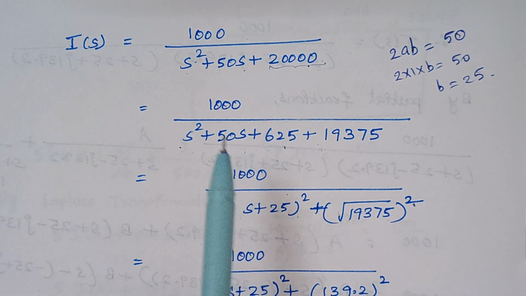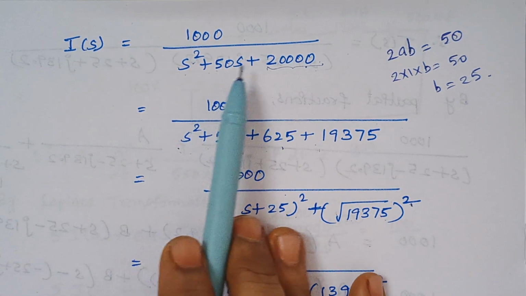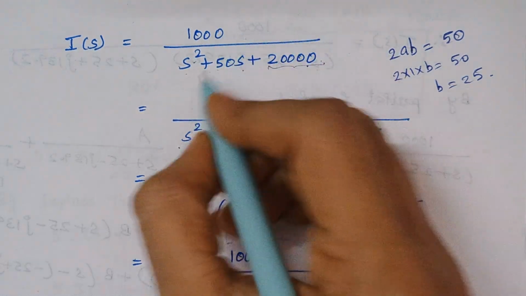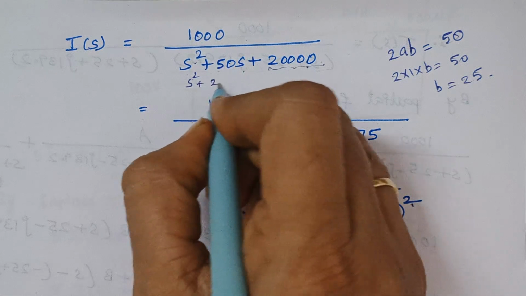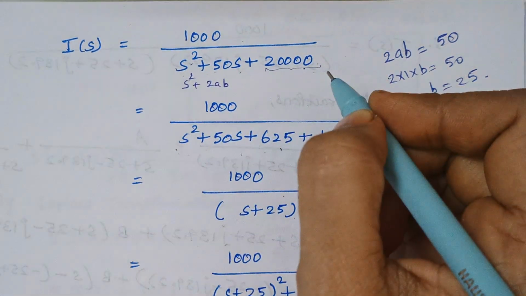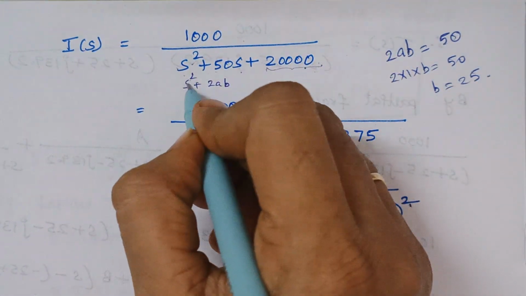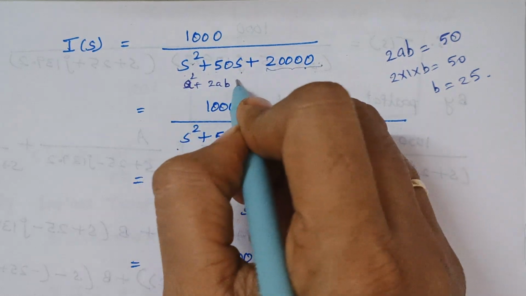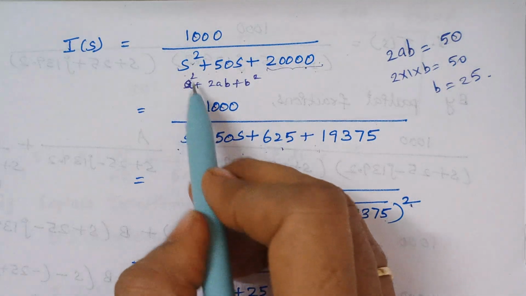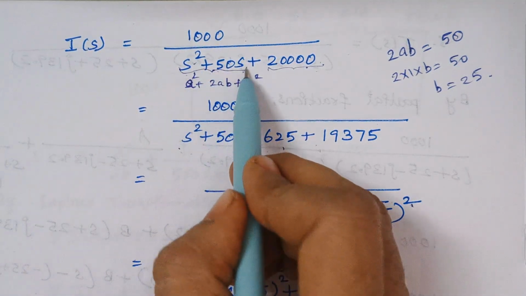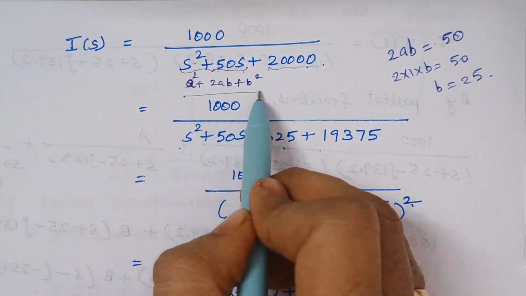Here we have s square plus 50s. We are considering these terms in the form of a square plus 2ab plus b square. Similarly, we are trying to remake this expression in terms of this.